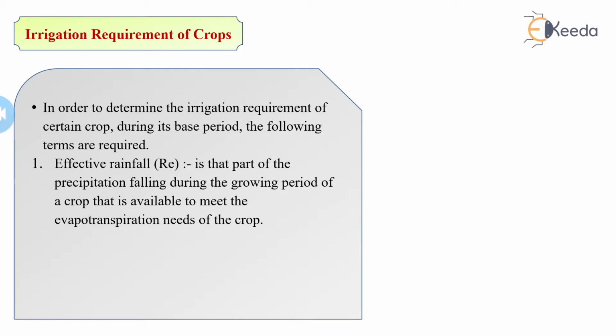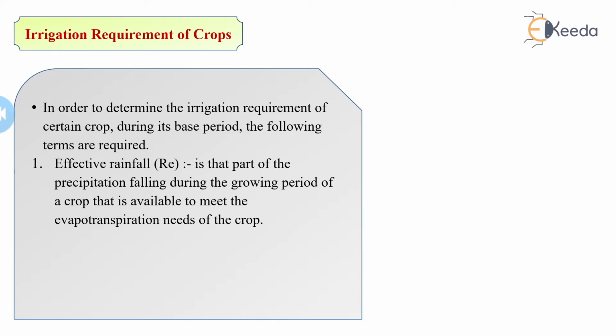The amount of water required for the growing of a crop is termed effective rainfall, available to meet the evapotranspiration need of a crop, one of the important parameters.